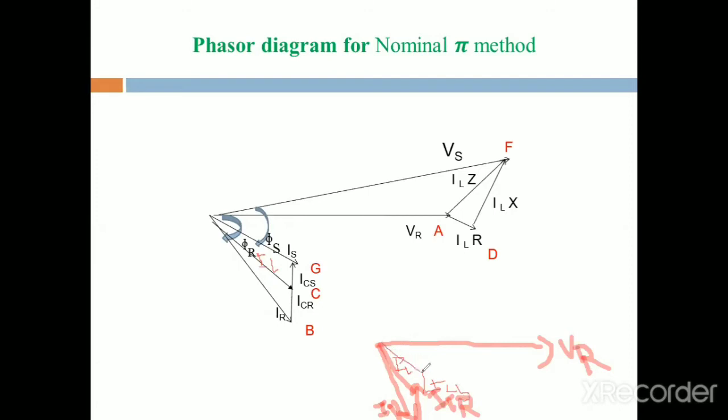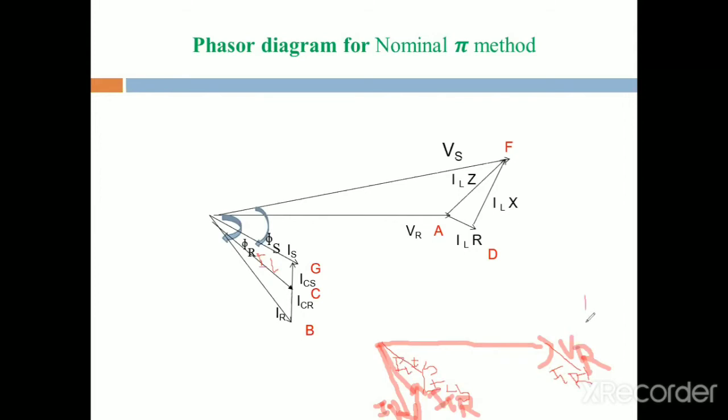By adding this, we obtain the sending end current. By projecting this IL, we obtain the ILR. When the current flows through this resistance, we obtain some drop.